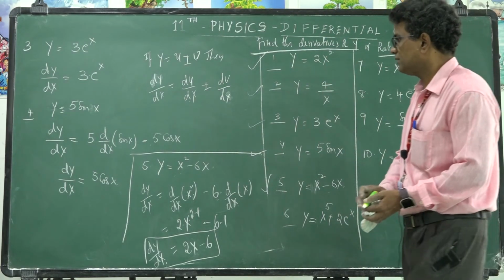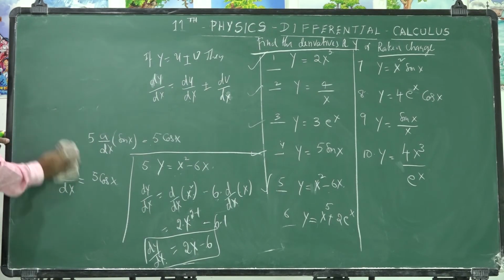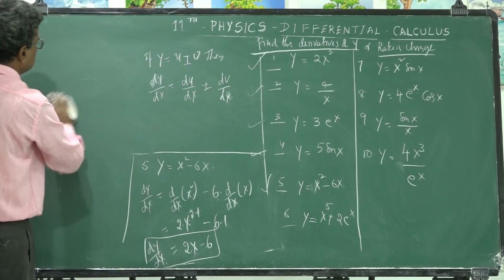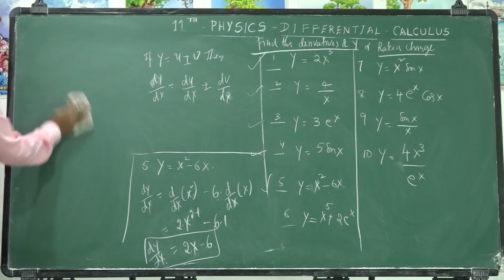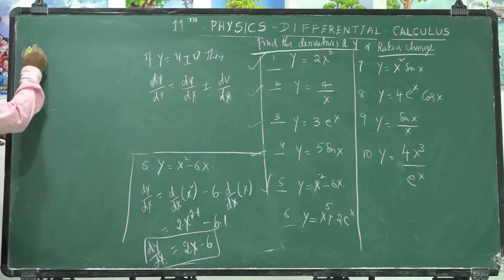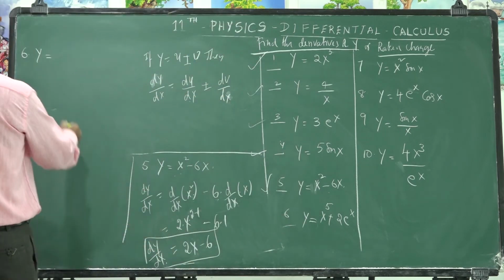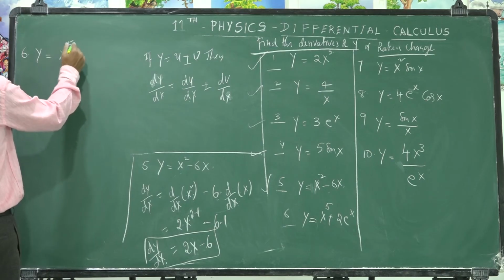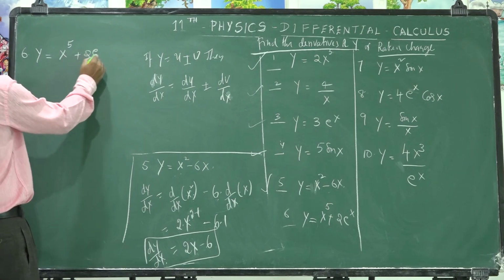Now see the sixth one. What is the sixth one? y is equal to x to the power 5 plus 2 e to the power x.